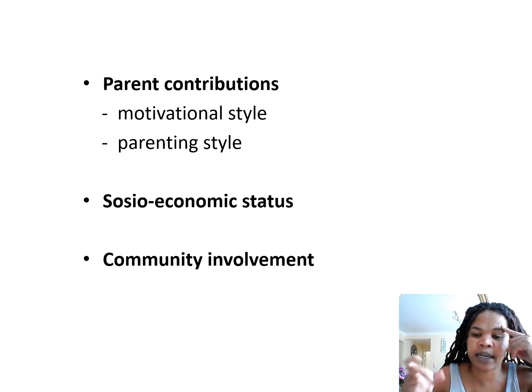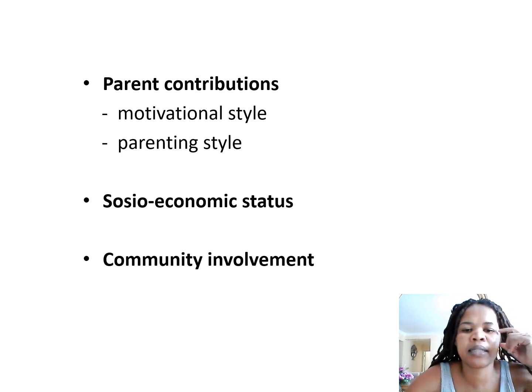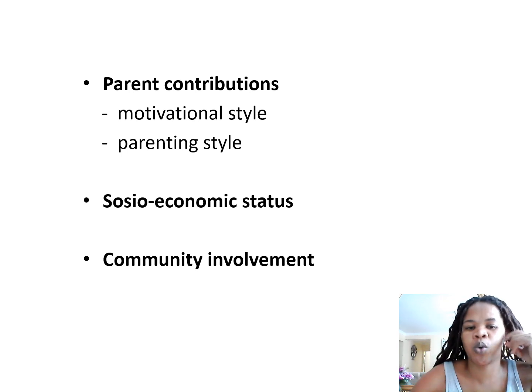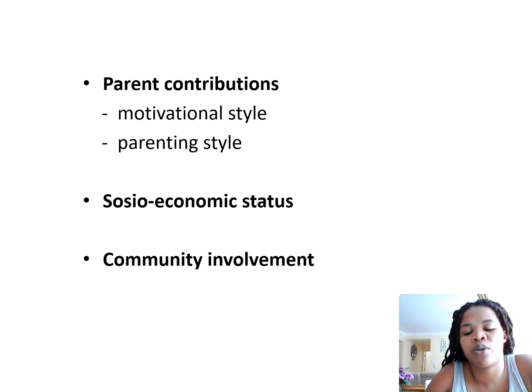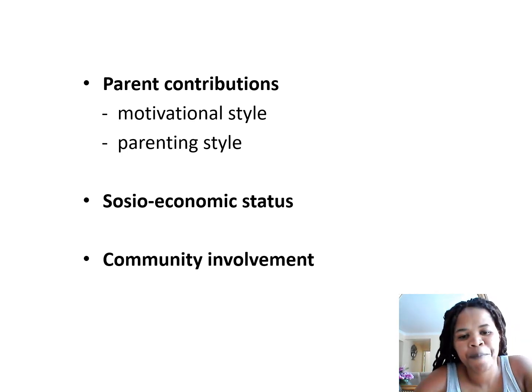I was making examples in the earlier slides, and just the style generally of parents is important because it also contributes to how the child is either a mastery orientation child or a helpless orientated child.